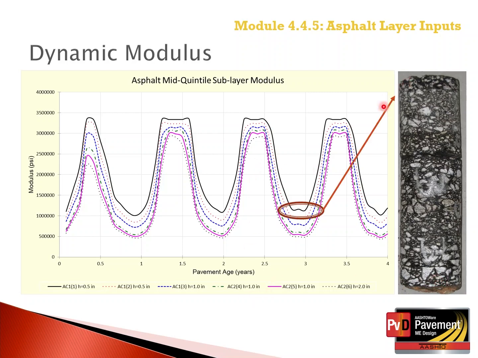So the modulus of the wearing surface will always be higher than the modulus of the lower asphalt layer on relatively thick asphalt pavements. And that's due to truck speed and or temperature differences from the top to the bottom of the asphalt layers.